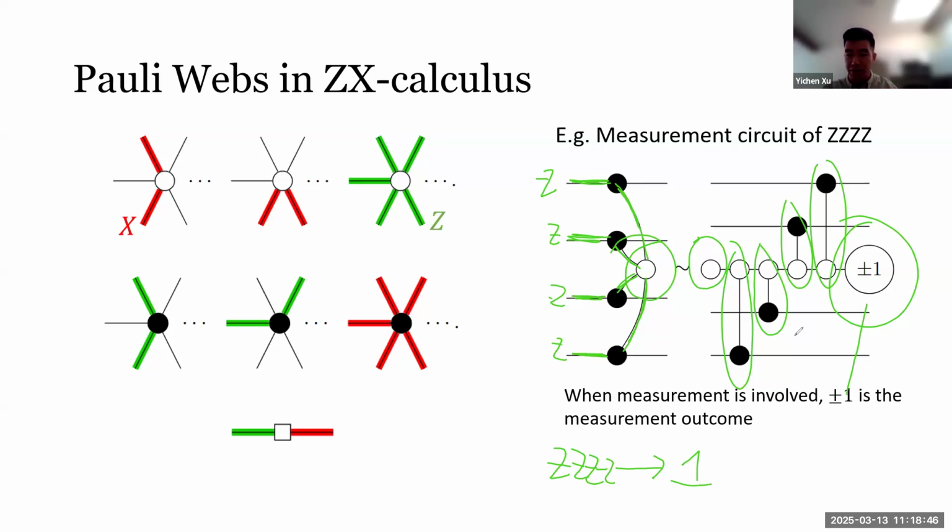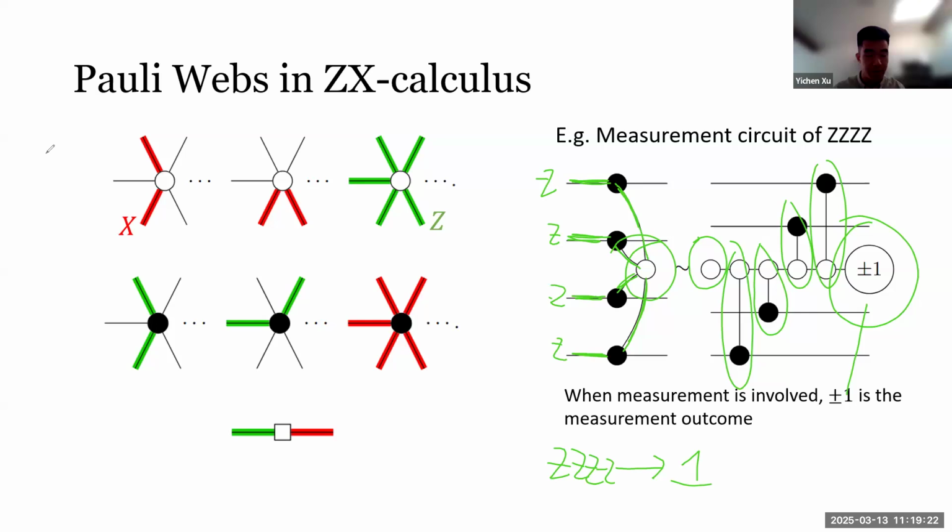So the two ZX diagrams are not exactly equivalent to each other, but if you want to convert an abstract ZX diagram to a circuit diagram, you just have to record the measurement outcomes. And if you don't write plus or minus one, and just simply write an empty node without any phase, it just means that you post-select your measurement outcome to be 1 instead of recording it in a notebook. All right. So the two diagrams are equivalent if you have plus 1 in the node.